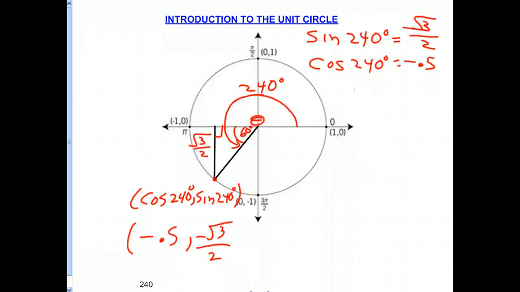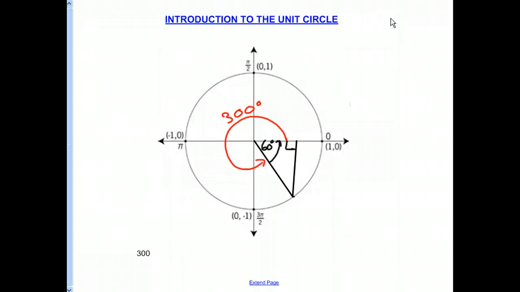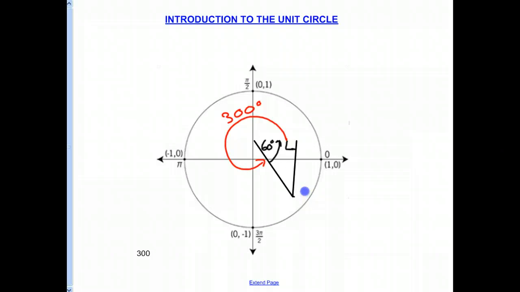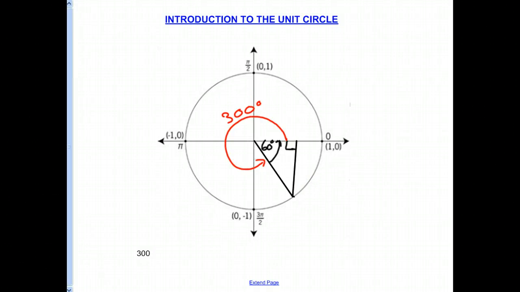Let's do one more problem. So in this problem, we have a 300-degree angle, which ends up in the fourth quadrant. And notice once again that 300 plus 60 will give us 360, which is where we got our 60-degree reference angle. And once again, we need to find the cosine and sine, which are the coordinates of this point.